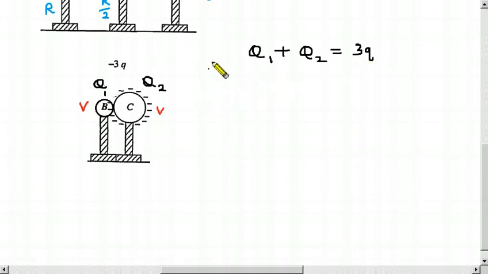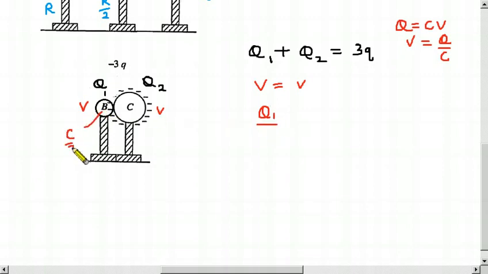Since the voltages are equal, we can write V equals V. We know Q equals CV, so V equals Q divided by C. We can substitute it here. Q1 divided by the capacitance of this one, which is C divided by 2 if this one is C, because the radius is half.